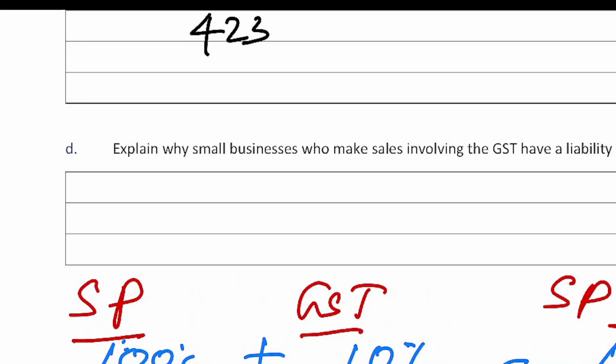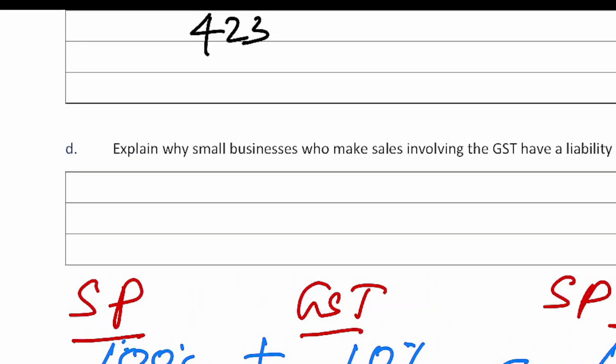Of course, if any business wants to make profit, that's why businesses exist. Otherwise they don't have any motivation to run their business. So businesses have to make a profit, and of course they have to sell at a higher price.